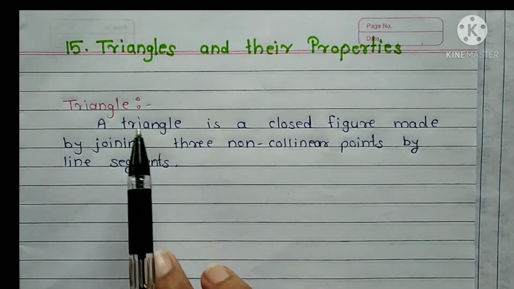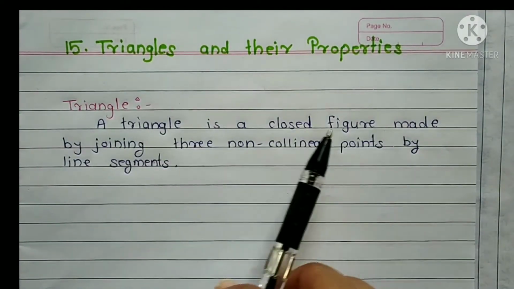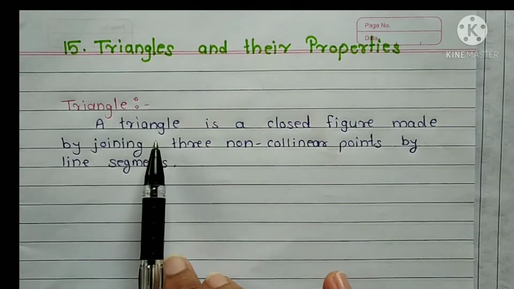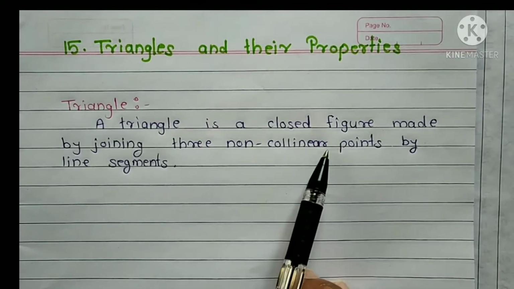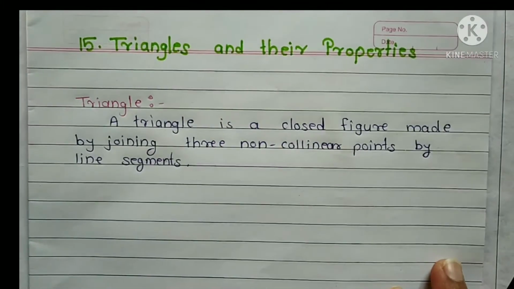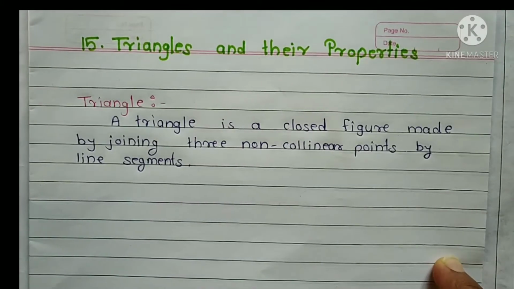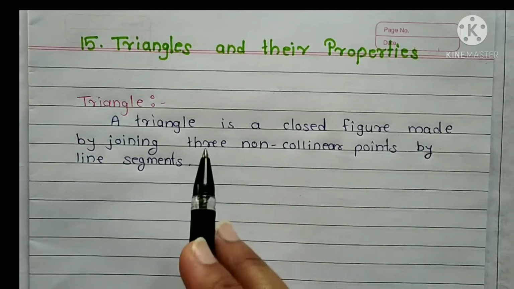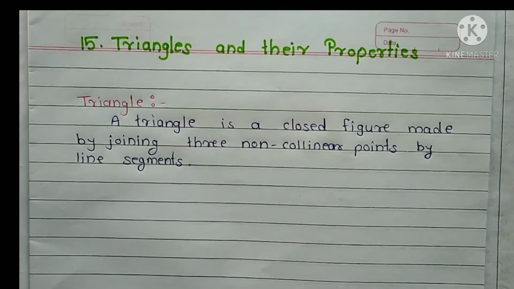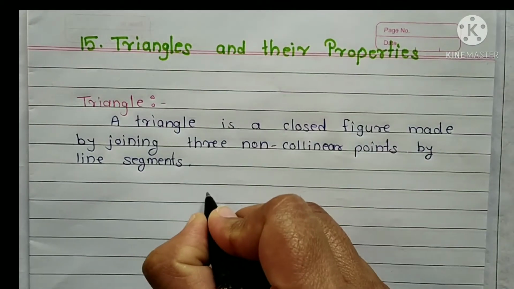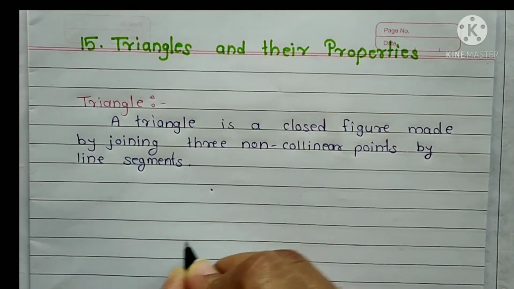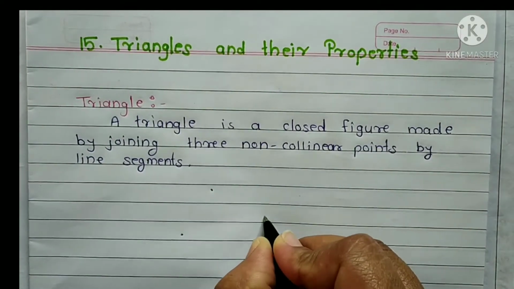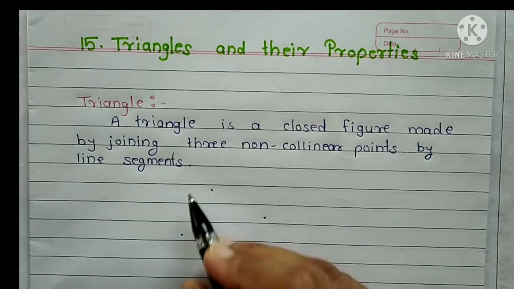See here, a triangle is a closed figure made by joining three non-collinear points by line segments. Triangle is a closed figure and it is made by joining three non-collinear points by line segments. See here, these 3 points are non-collinear.